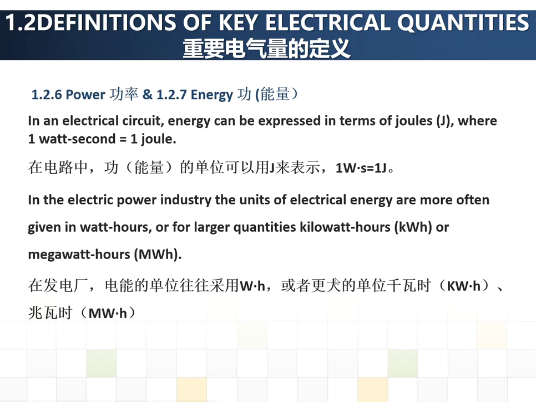Energy can be expressed in terms of joules, where 1 volt-second is equal to 1 joule. In electric power industry, the units of electrical energy are more often given in watt-hours. For large quantities, kilowatt hours or megawatt hours are used.